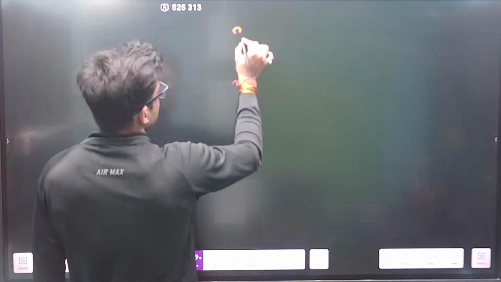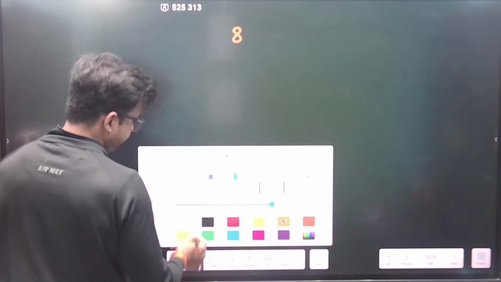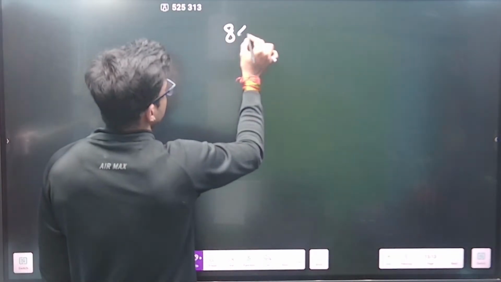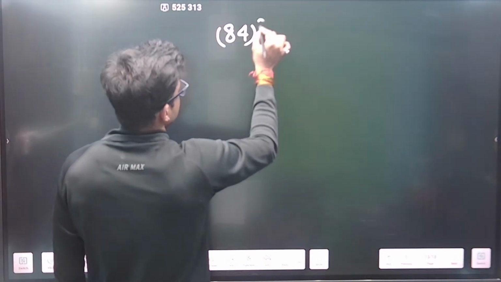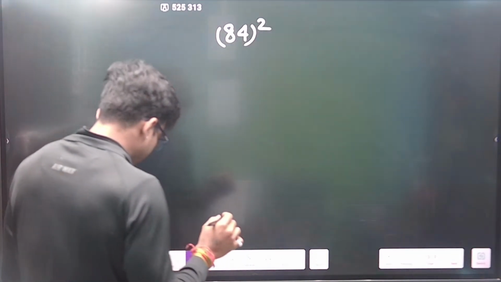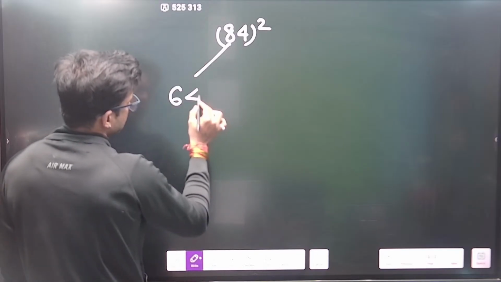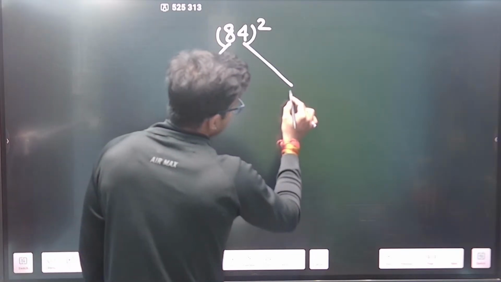Now if I go for 84 ka square. First of all, keep in mind 8 8s are 64. 4 4s are 16.